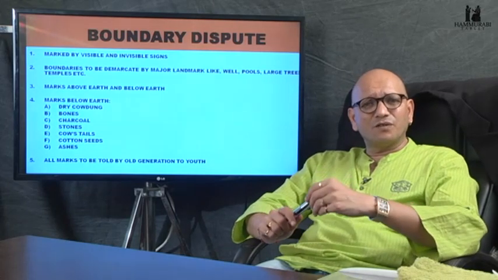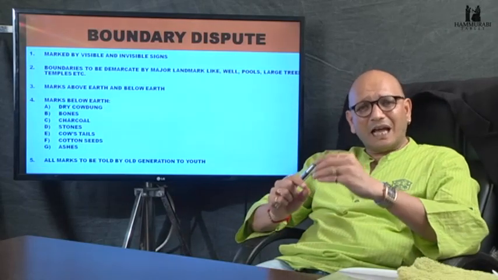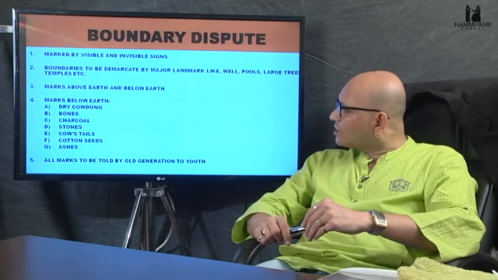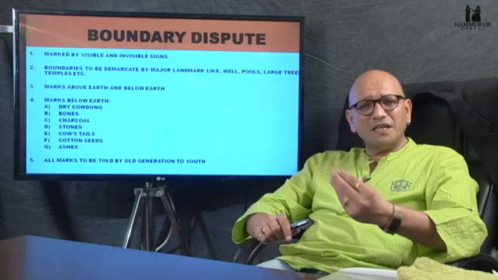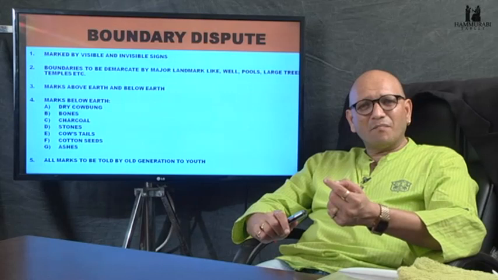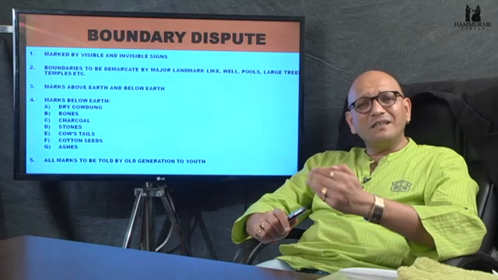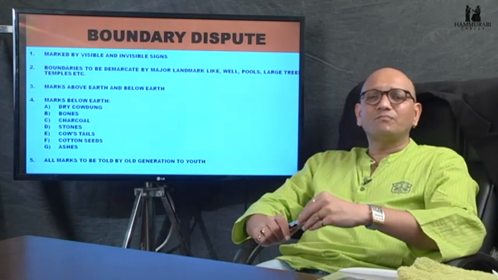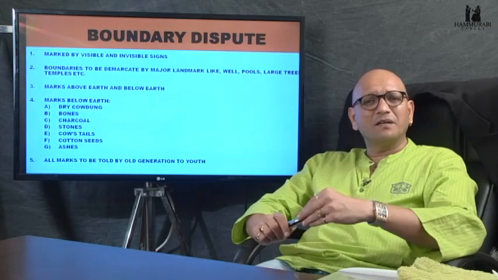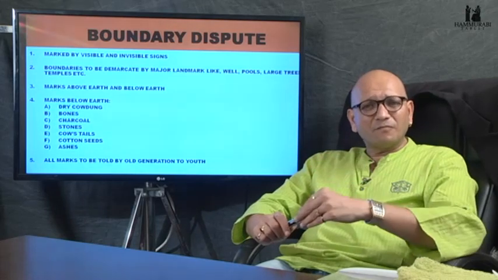The tails of cows should be buried below earth as a mark for identifying a boundary. Cotton seeds. The cotton seeds should be sown below earth. They might grow into a small plant and hence it would become easier to demarcate a boundary. Then we have ashes. The ash has to be kept, it has to be thrown or kept in a proper manner to identify.